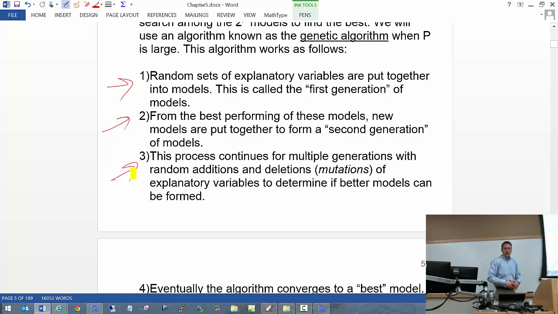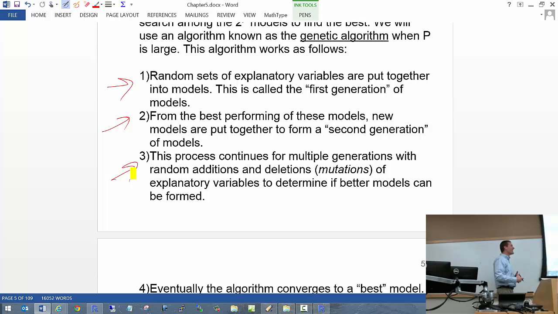And again, you look at what were the best of these models you just formed in the second generation. This whole process continues for multiple generations, where there's also a component of random additions to a model, where maybe I'll randomly add, without necessary justification, x4 to my model if there wasn't a fourth variable. And also random deletions, which are often referred to as mutations.